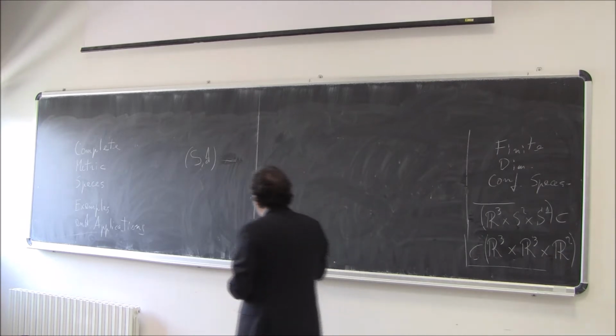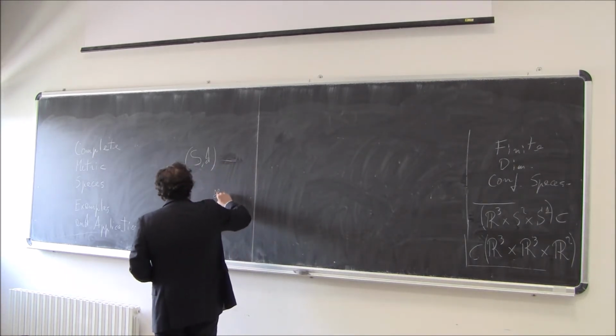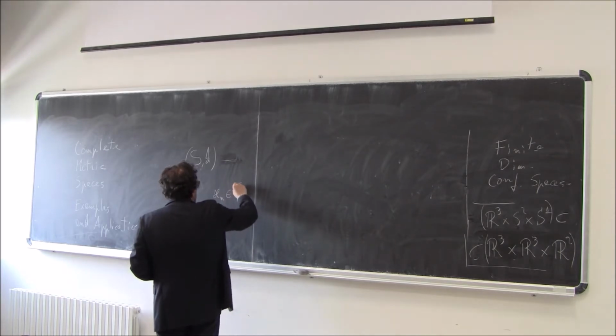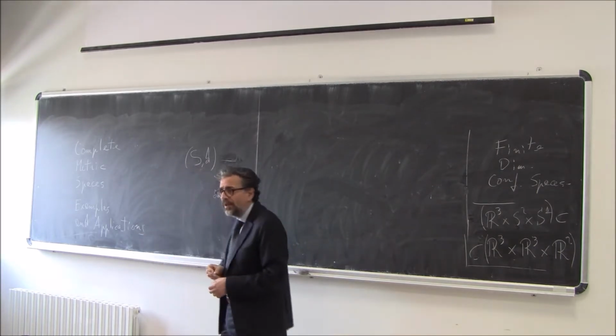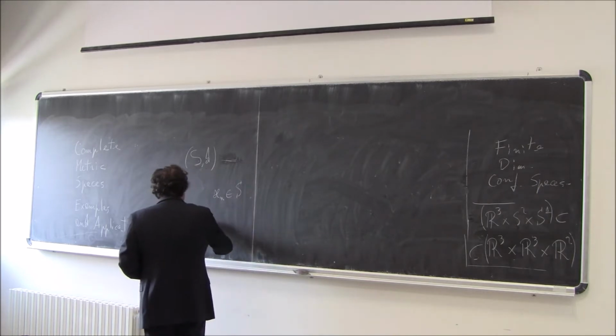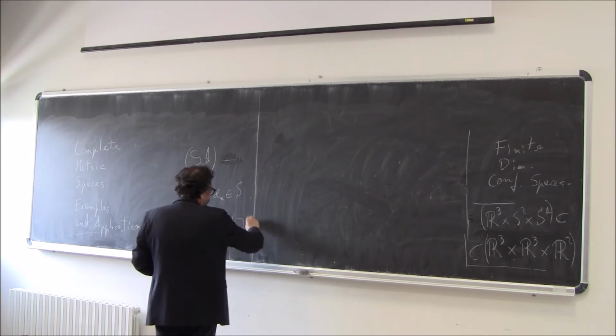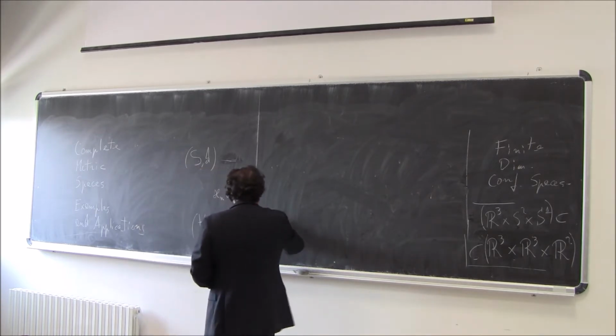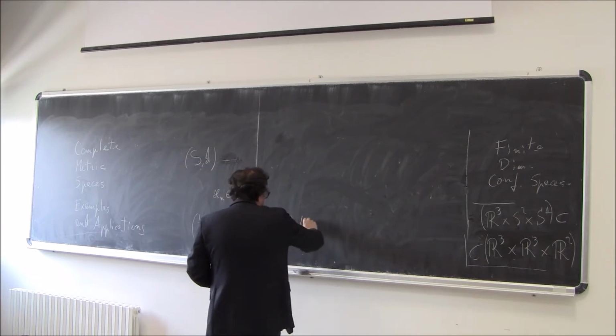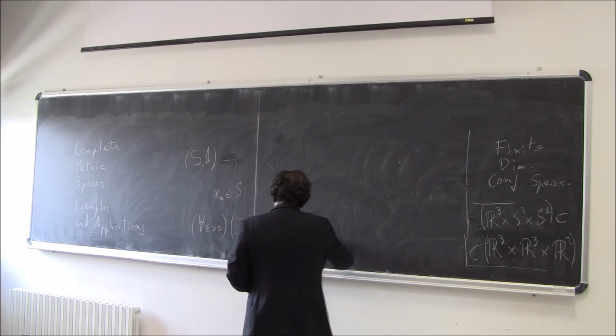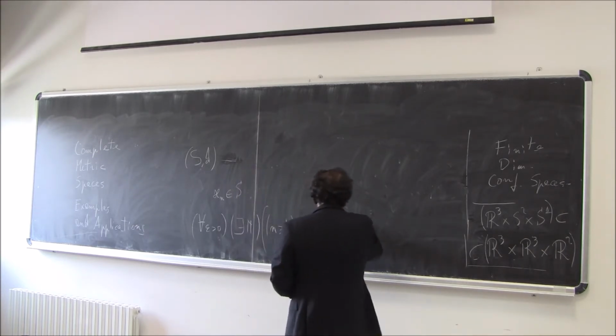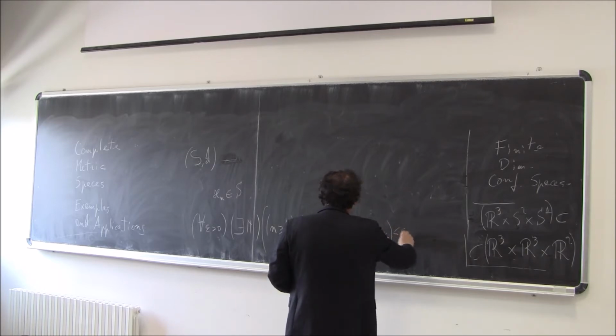So let us remind what is a Cauchy sequence. You have a sequence xn inside S. It is a Cauchy sequence if for every epsilon greater than 0 there exists a capital N such that n greater or equal to capital N and k greater or equal to capital N implies distance between xn and xk smaller than epsilon.